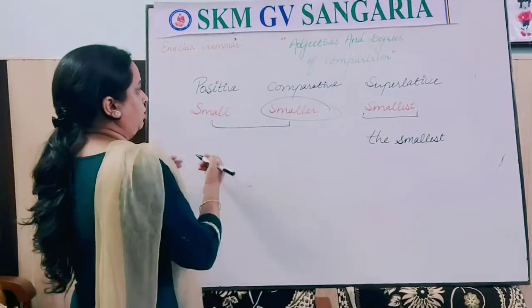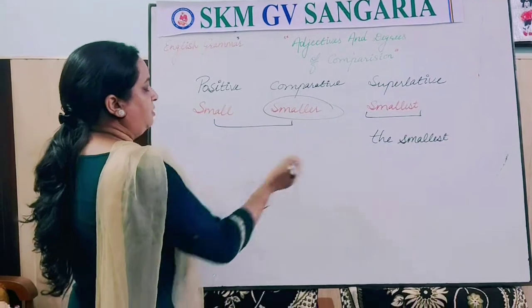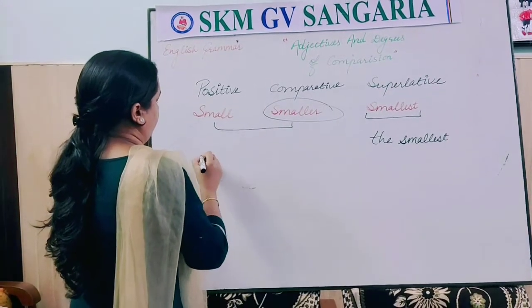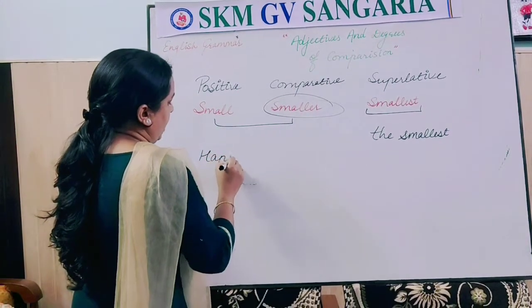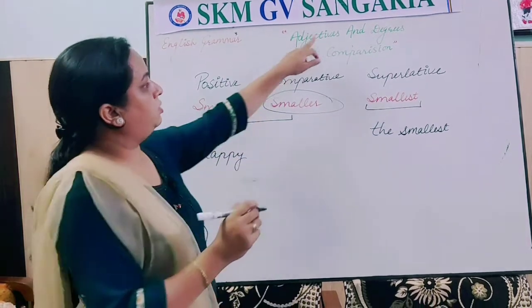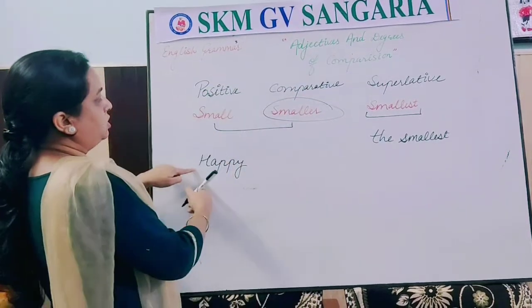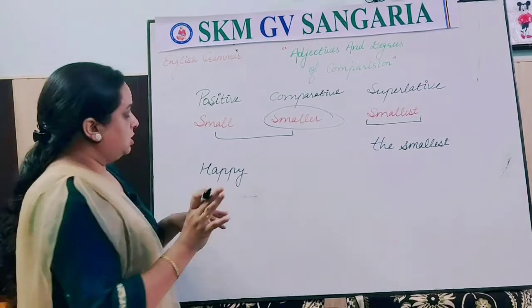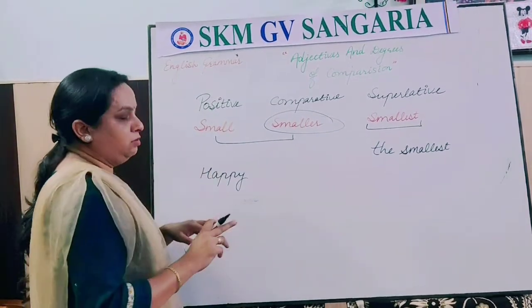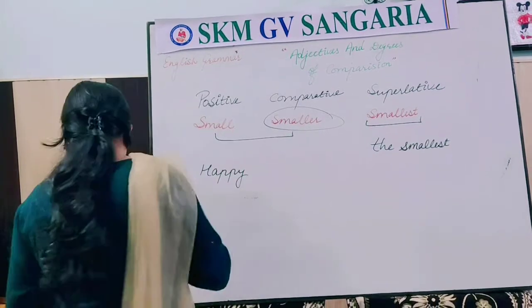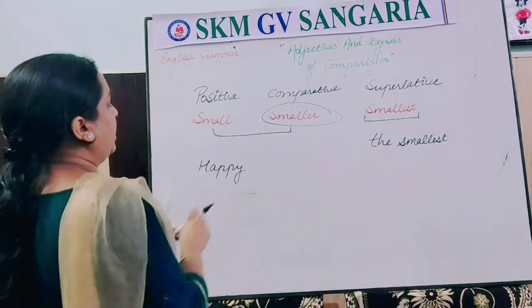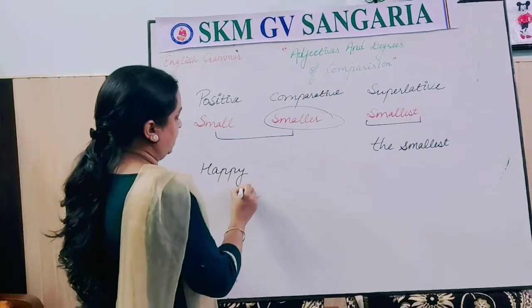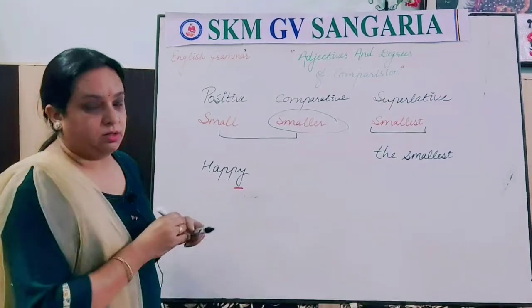Let's do some more positive, comparative and superlative degrees. For example, I've taken here the word happy. When we are talking about adjectives, the word used in the positive degree should be an adjective, happy. When you change this word to comparative degree, you have to check the last letter.